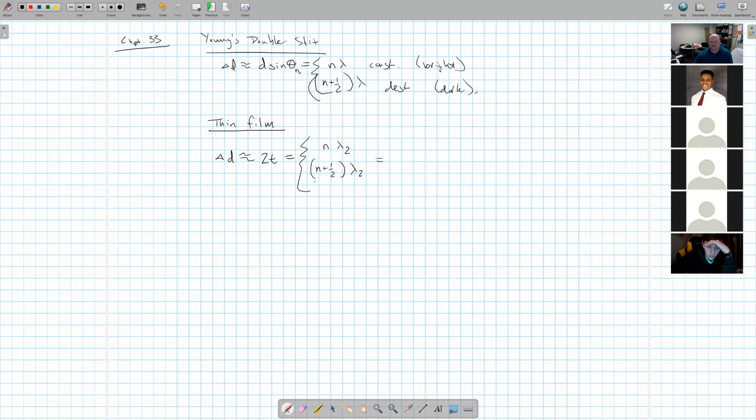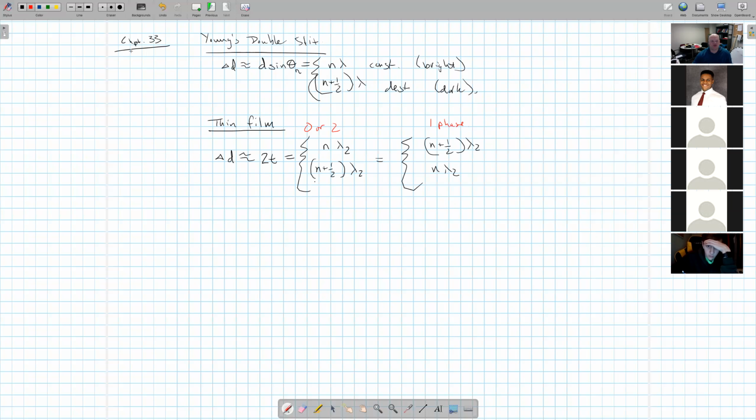The first one occurs when I have either 0 or 2 phase shifts. And then the second one occurs when I have 1 phase shift.